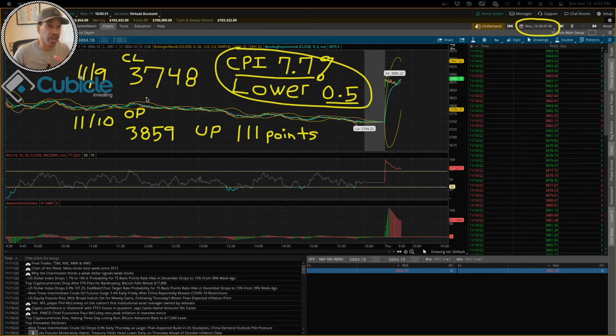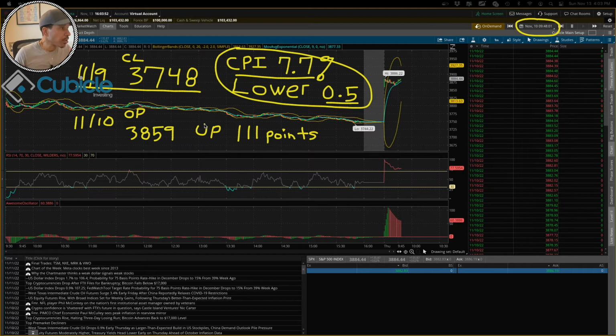The previous day, November the 9th, the market closed at 37.48. Because of the CPI number being slightly lower than what the analysts had anticipated, and quite a bit lower than the previous month of September, when the market opened, it jumped 111 points.